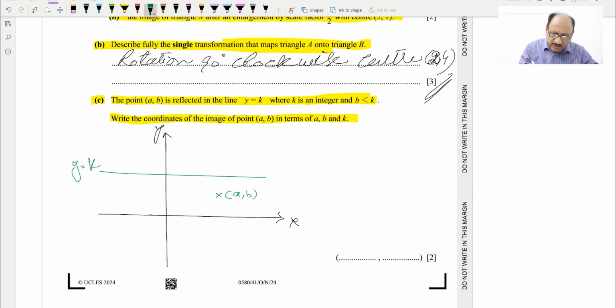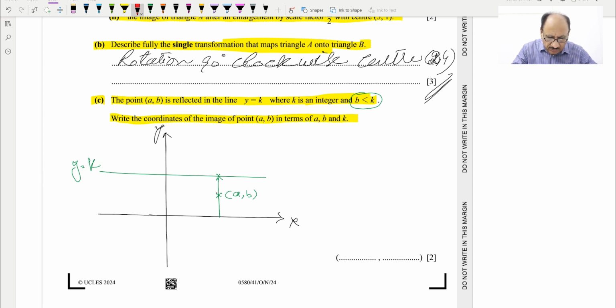They are telling us that b is less than k, so that's why we have taken it below the line. So next, the coordinates will be a and b here, and above this one will be k minus b. If we take it above, it will be going above if we change the color.